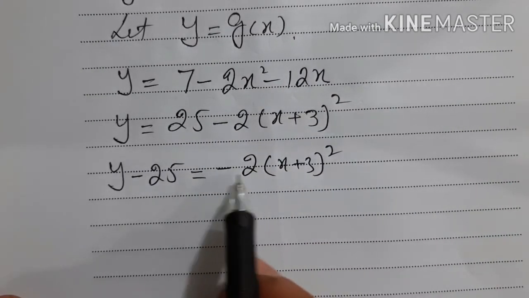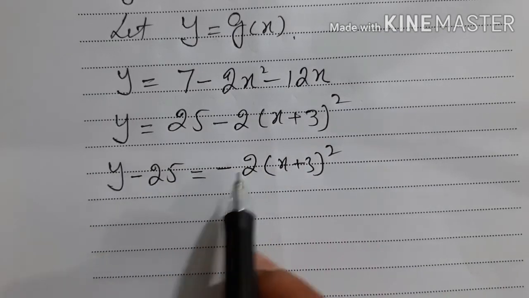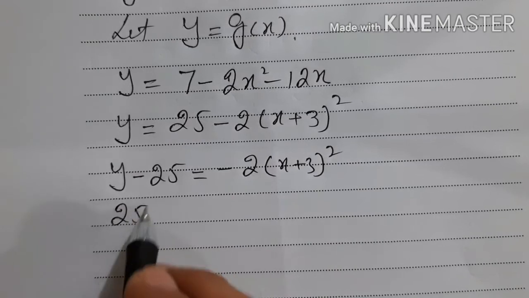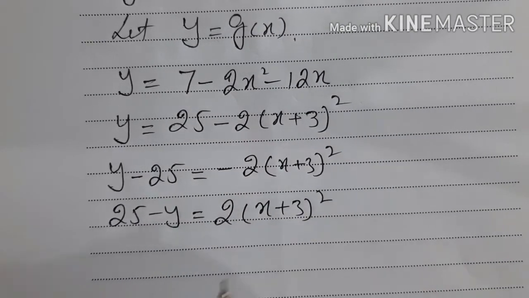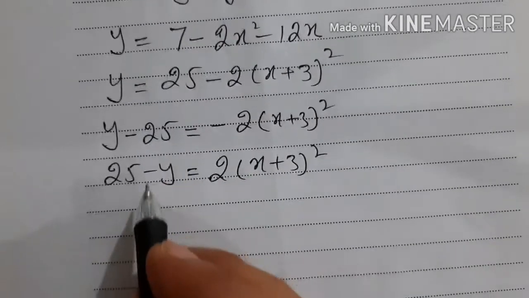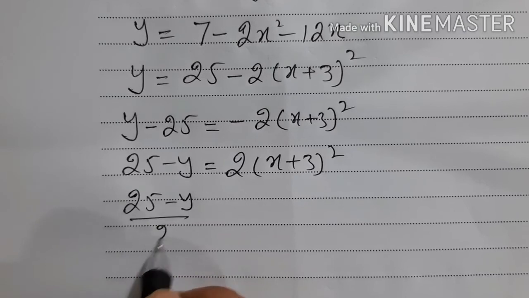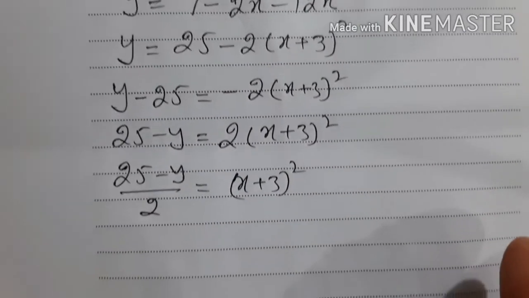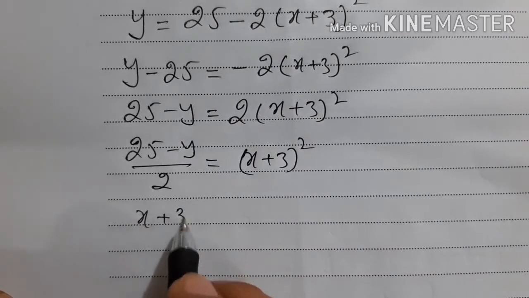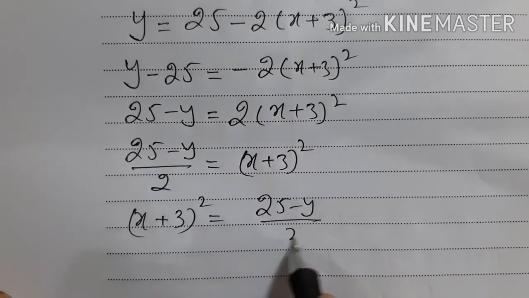Multiply by minus 1 on both sides, so that this 2 becomes positive. It will become 25 minus y is equal to 2 into x plus 3 whole square. So take 2 also to the left side. It will be 25 minus y over 2 is equal to x plus 3 whole square, or I can write it as x plus 3 whole square is equal to 25 minus y over 2.